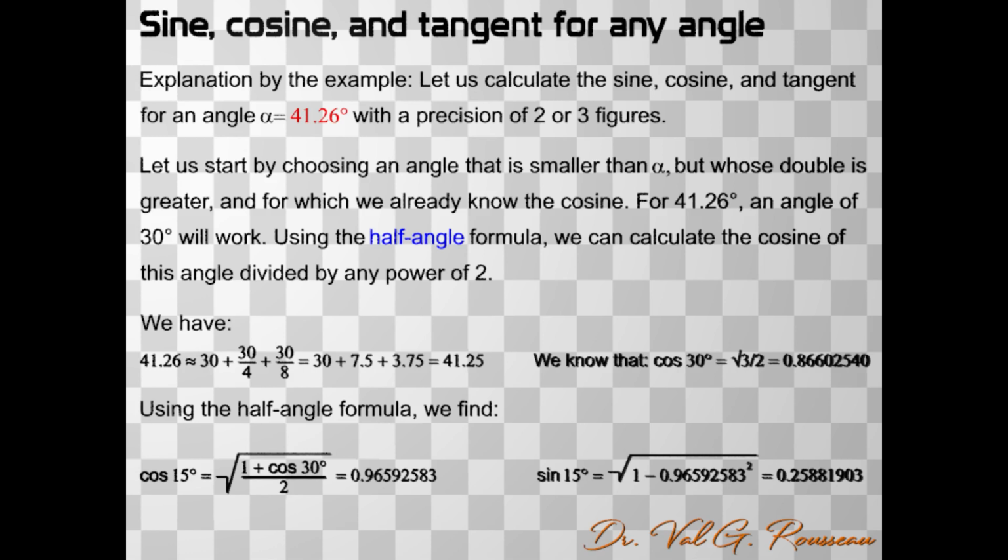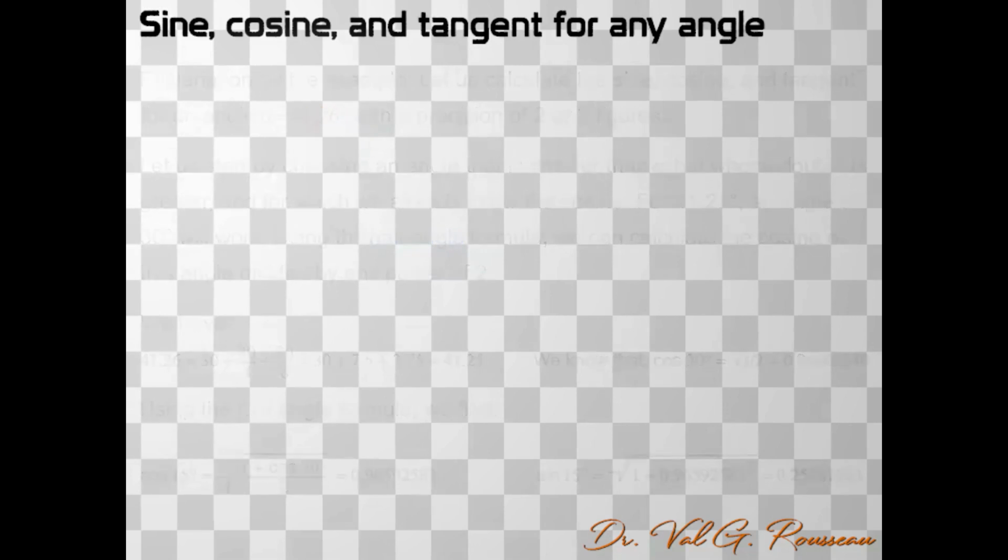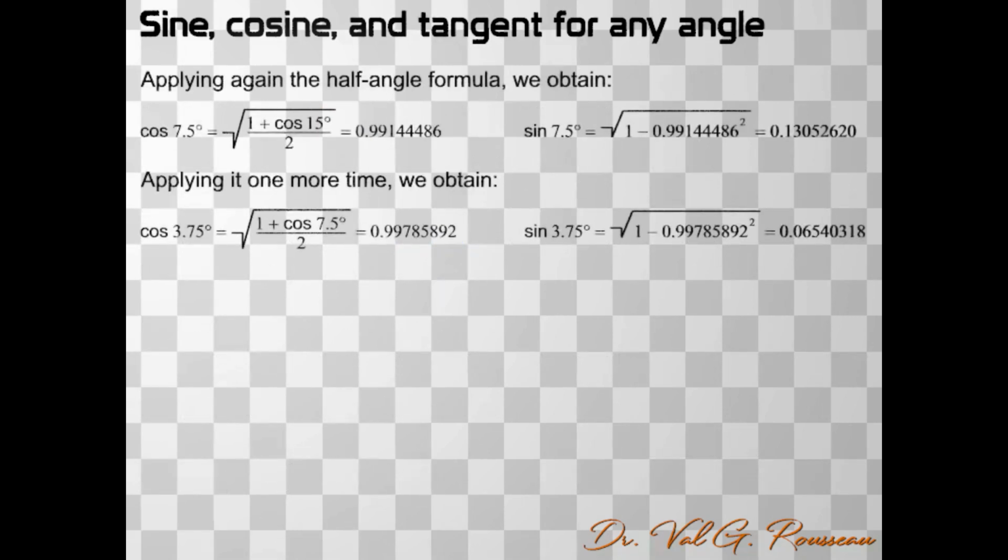Remember, cosine square plus sine square is 1, so sine is square root of 1 minus cosine square. And now we apply again the half-angle formula to obtain the cosine and sine of 7.5 degrees, and one more time to obtain the cosine and sine of 3.75 degrees.